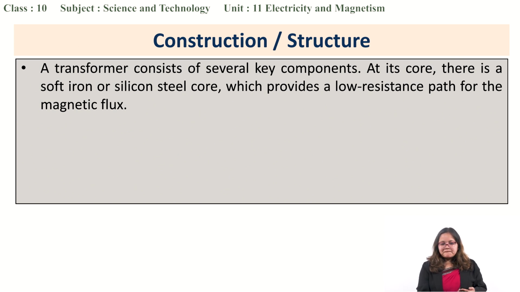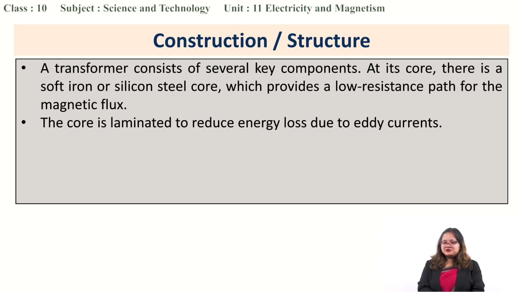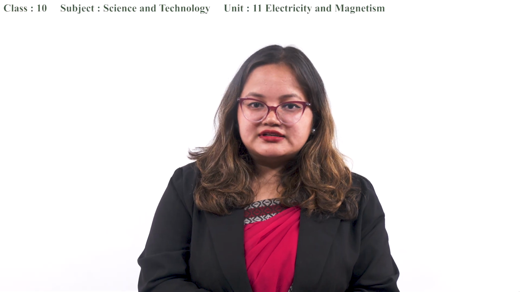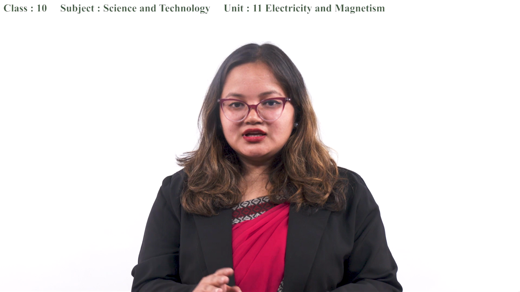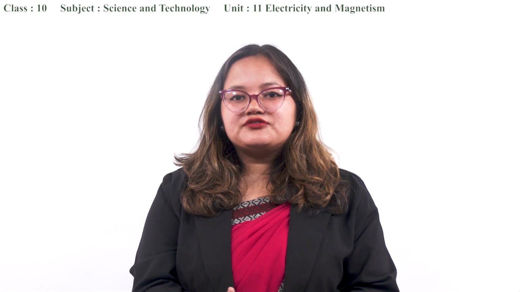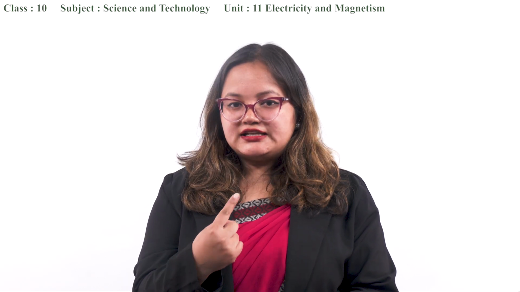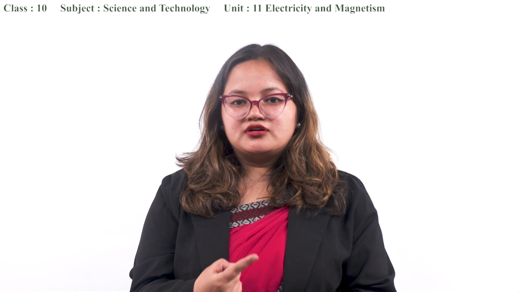The second point, which has already been mentioned, is that the core is laminated to reduce energy loss due to eddy currents. So what exactly are eddy currents? When a source is connected in the transformer, circular concentric electric fields are generated around the conductor.